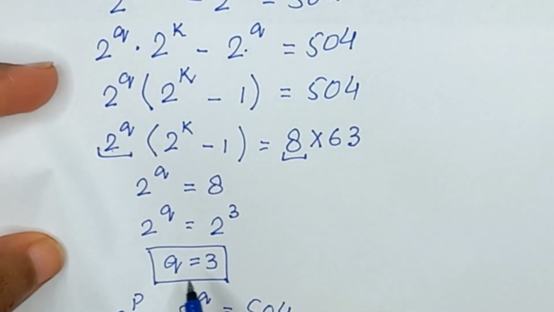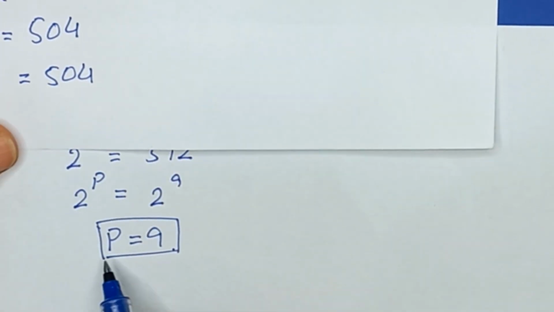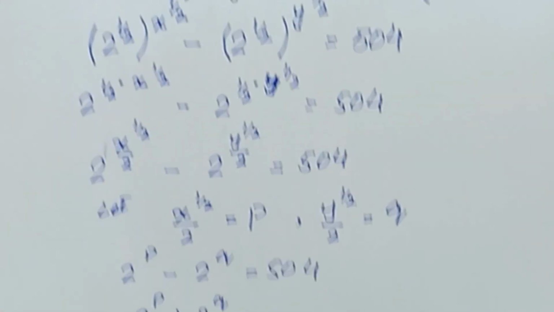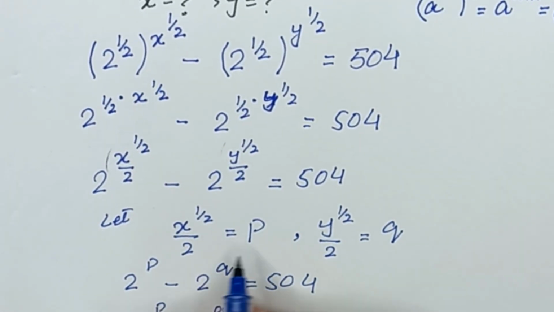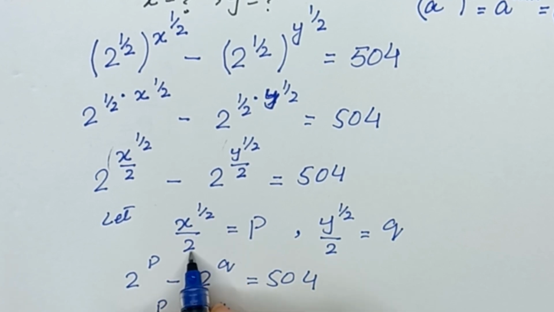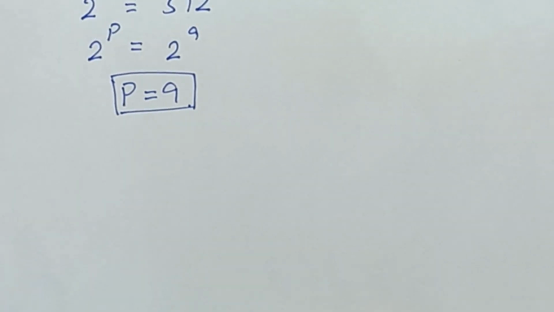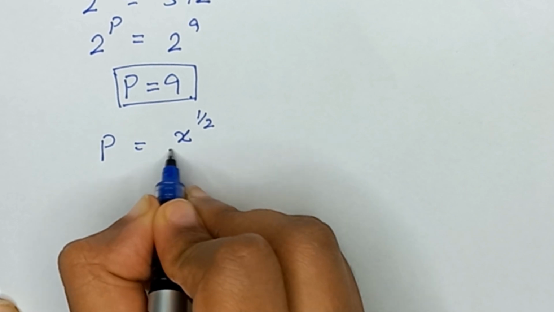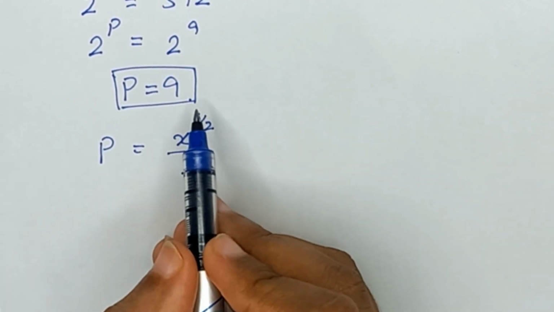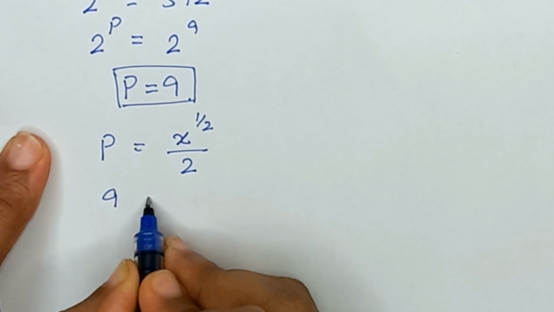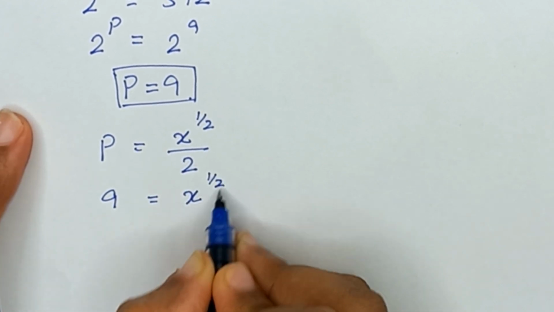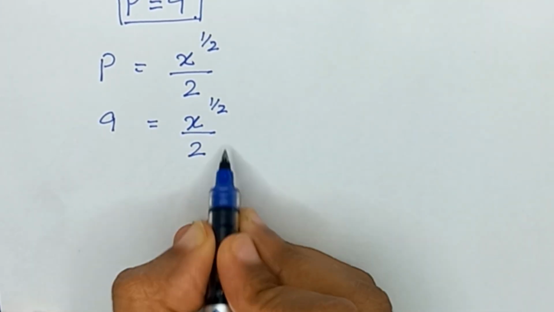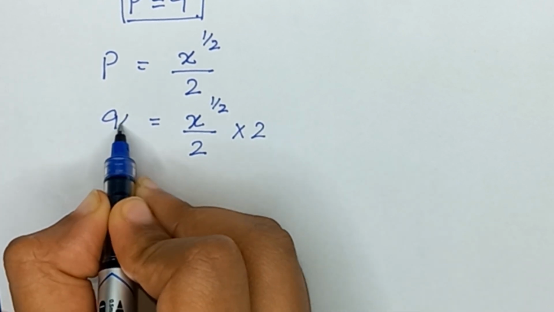Here we have the value of q is equal to 3 and the value of p is equal to 9. But p is equal to x raised to the power 1 divided by 2. So from here the value of p is 9, which is equal to x raised to the power 1 divided by 2. Now we will multiply by 2 on both sides to remove this fraction.